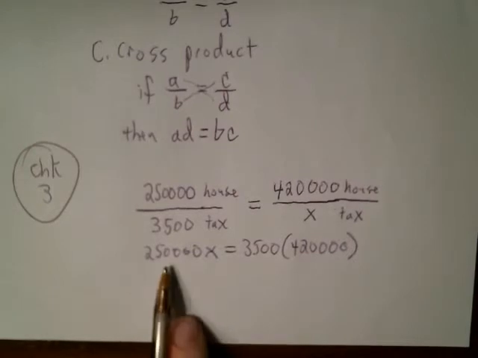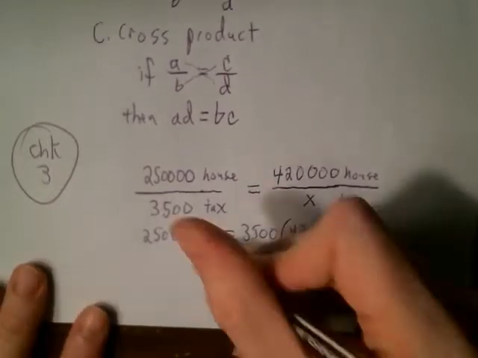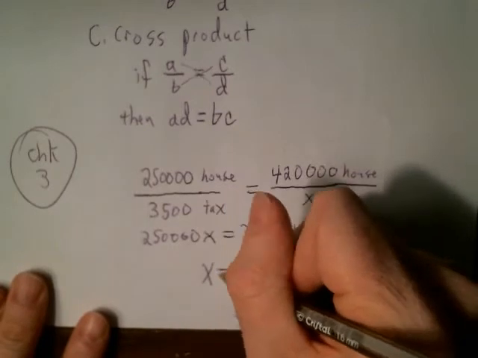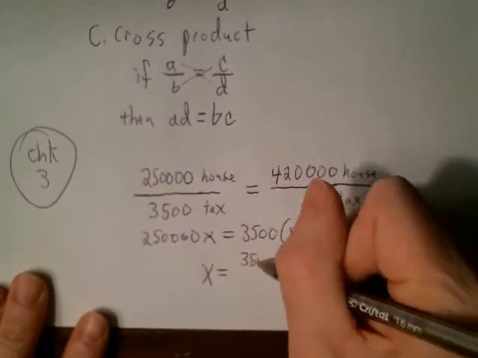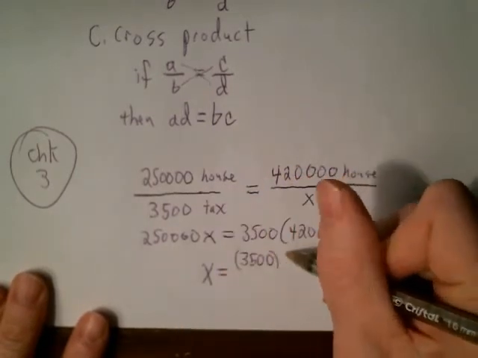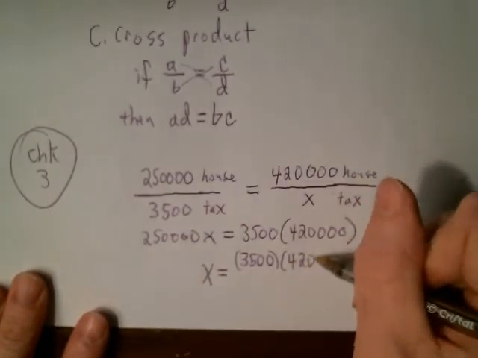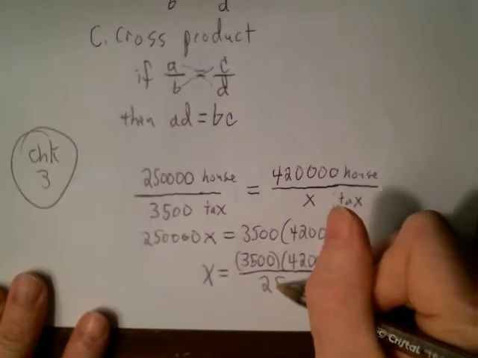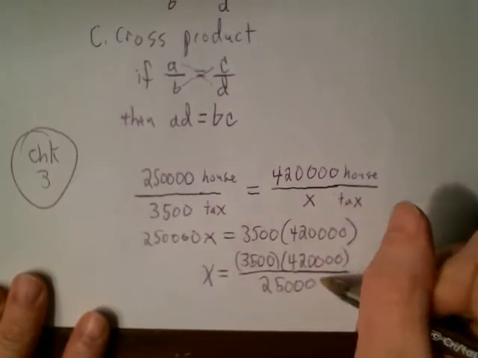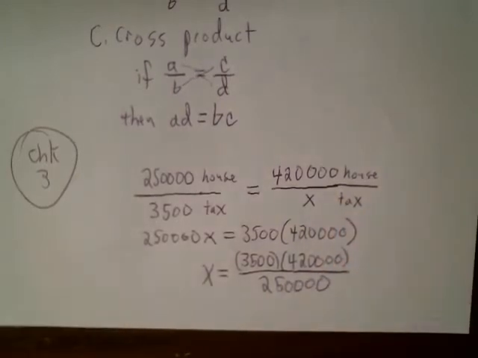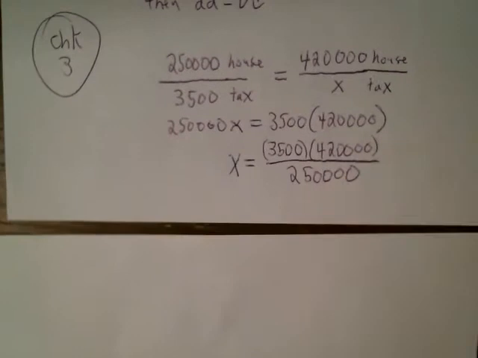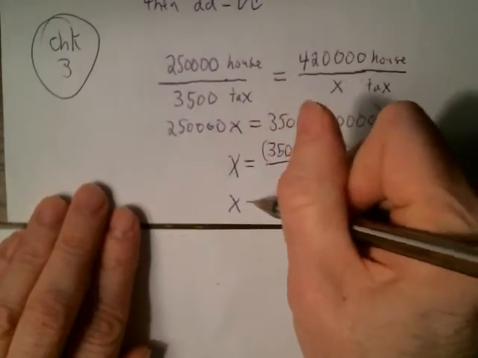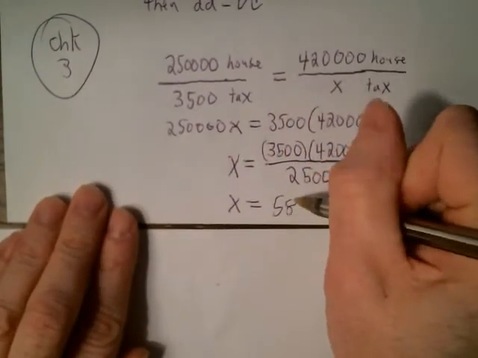Then you'll divide both sides by 250,000. I don't have my calculator, so I'm just going to write it out. 3,500 times 420,000 divided by 250,000. And then if you simplify, and I do have that answer, you'll get X equaling 5,880.